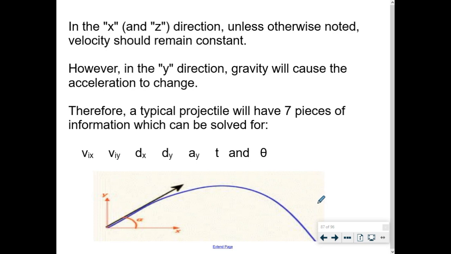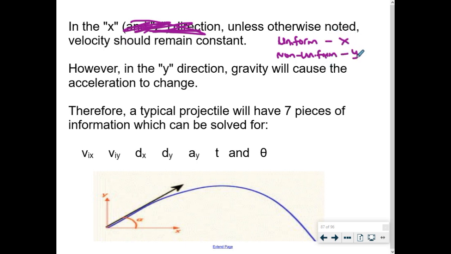So what ends up happening then, on this slide, is that in the x direction, and if we ever do the z direction, but we don't, so let's just ignore that, velocity should always remain constant. And the reason why is that there's no acceleration in the x direction. If we were to talk about uniform motion versus non-uniform motion, in the x direction we should have uniform motion.